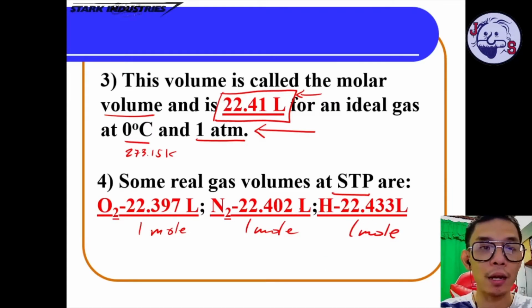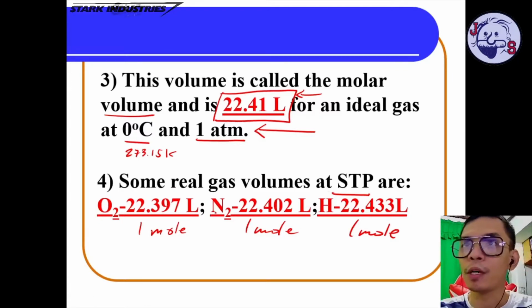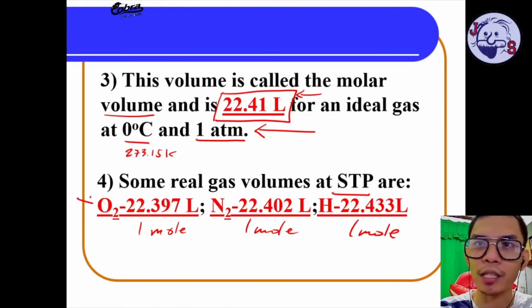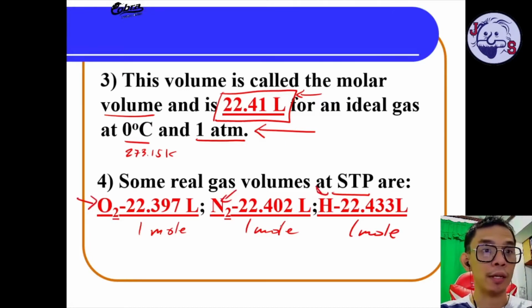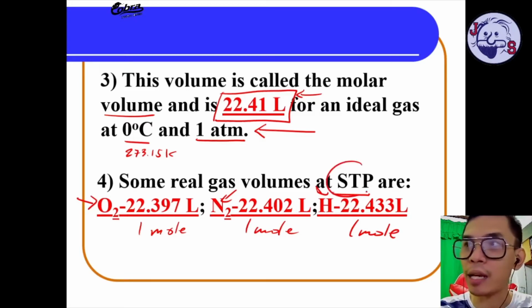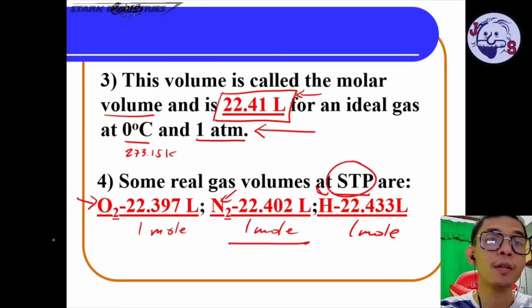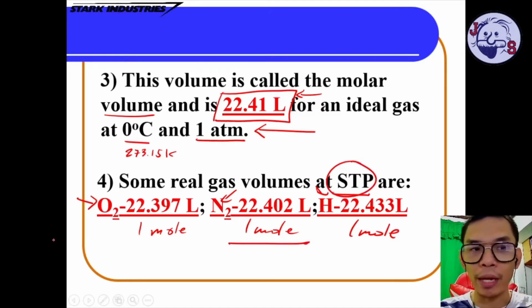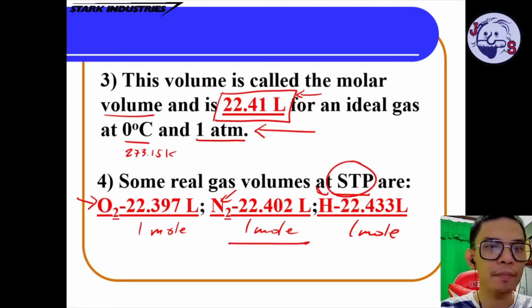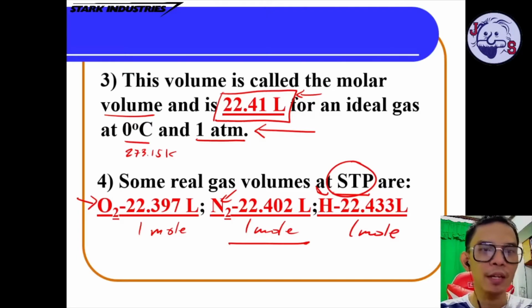But the value of the molar volume itself is completely the same. Despite this being oxygen, nitrogen, and hydrogen gas, as long as they are at STP and 1 mole, all gases, regardless of kind, have the same molar volume. So these are the 4 premises of Avogadro's law.